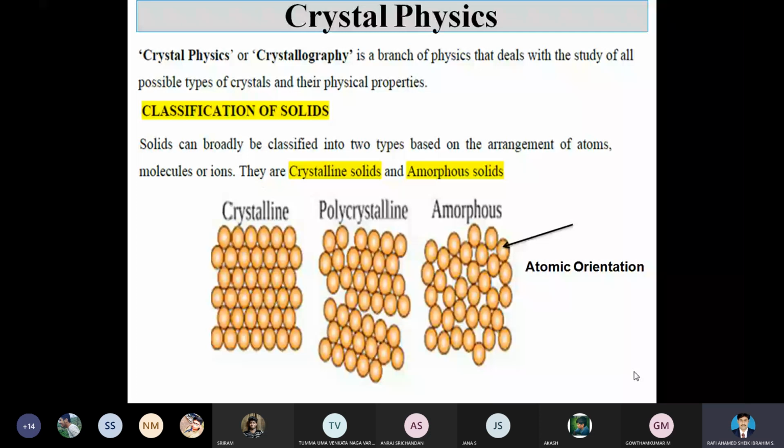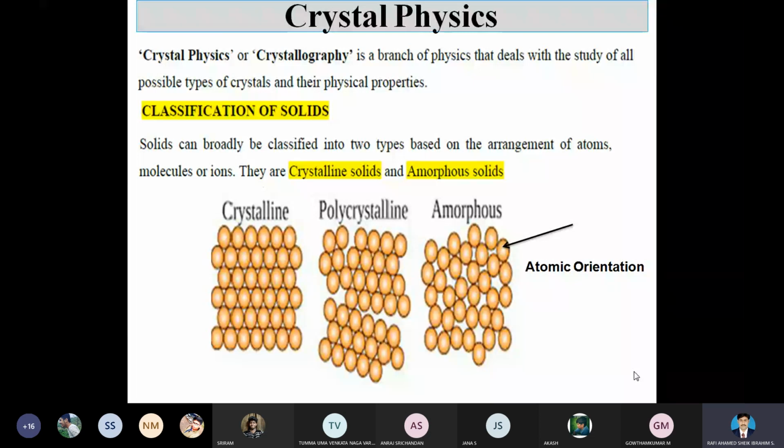Let's see what this crystal is. Here we are going to classify crystals into 2 types. The classifications are crystalline crystals and amorphous crystals. These classifications are based on the orientation, the arrangement of the atoms.